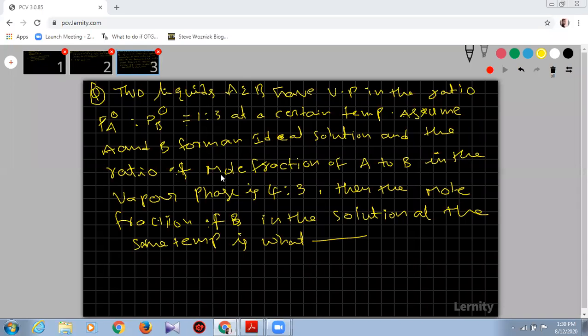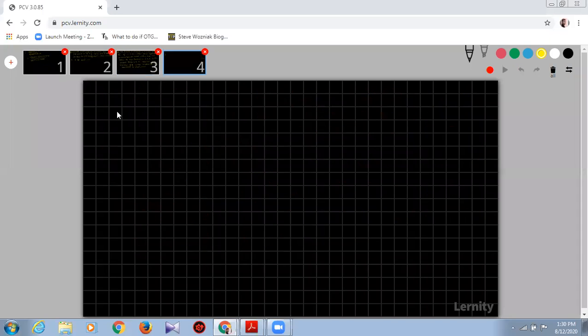So here, go for next slide. See, generally what is the relation? Two liquids A and B having the vapor pressure in the ratio PA naught is to PB naught 1:3.